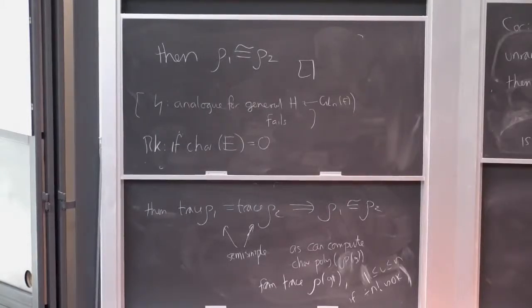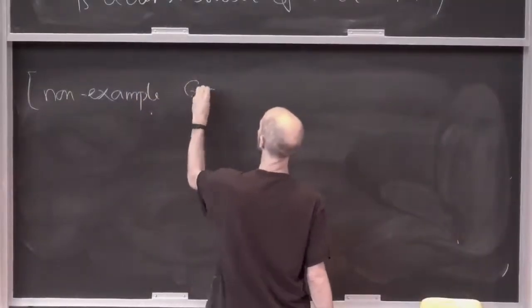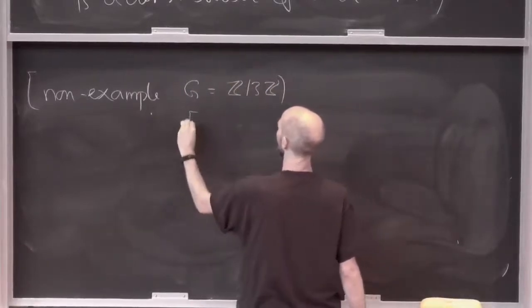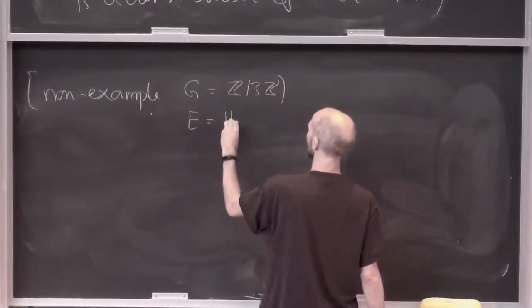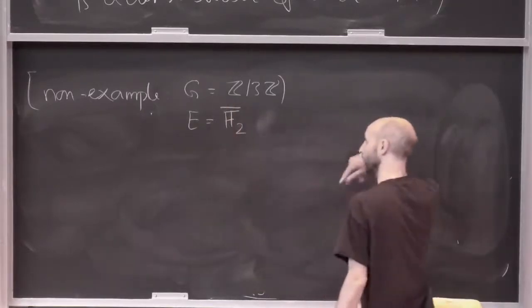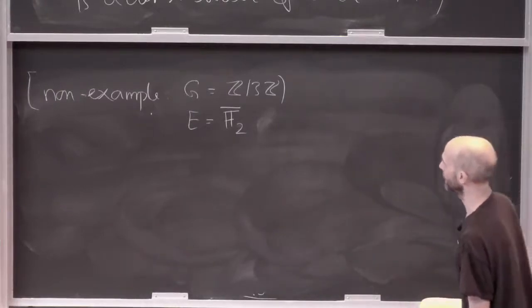If you want a complete understanding of Brauer-Nesbitt and this consequence here, you could do some example. Here's a non-example. Let G be the cyclic group of order 3, and let E be an algebraic closure of the field with two elements, because representations over algebraically closed fields are nice and easy.